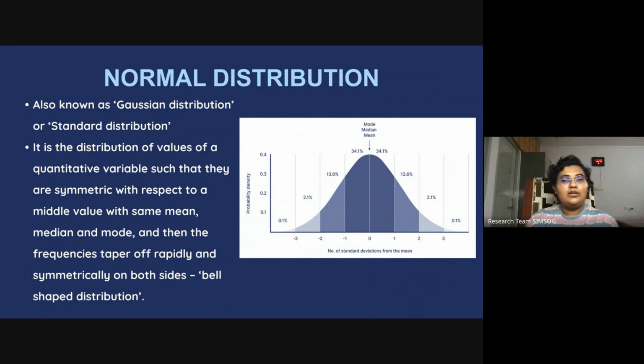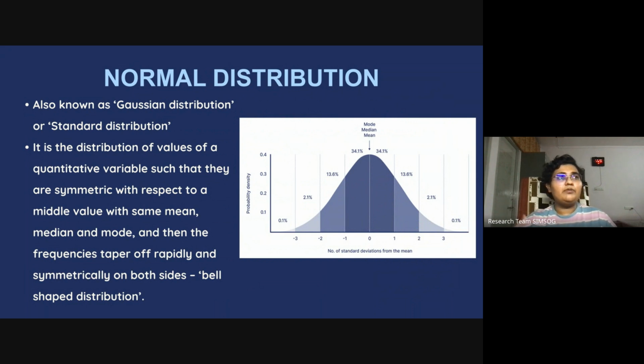These three concepts are described later. You can see that you get a bell shaped curve with the frequencies tapering off. So I'm just describing the type of curve that you should get in a normal set of values.